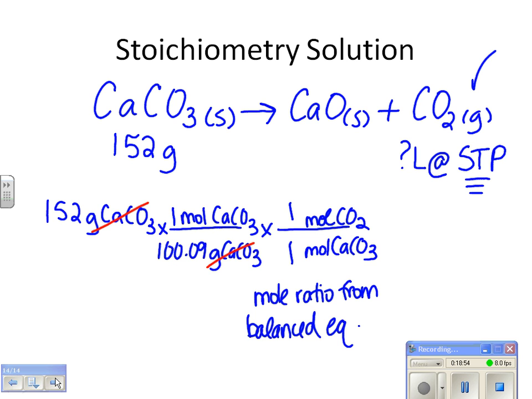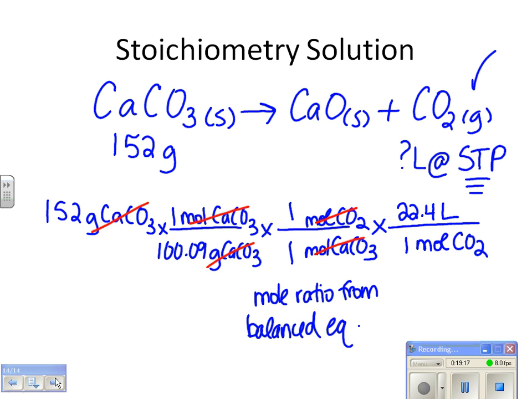Now this problem, note the 3 lines underneath STP, is at standard temperature and pressure. And 1 mole of any gas at STP occupies a volume of 22.4 liters.